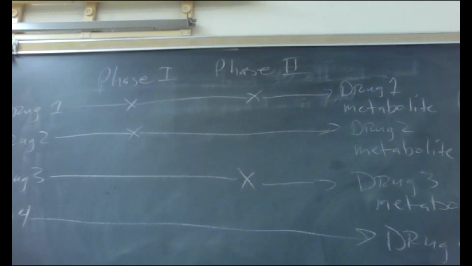What's a xenobiotic? That is a substance that your body doesn't normally see. And so cytochrome P450s take xenobiotics and turn them into something that is much more easily disposed of by the urinary system of your body.